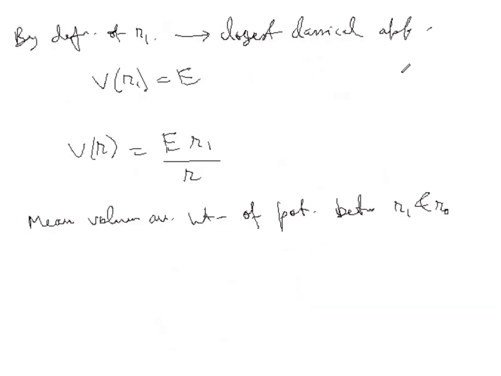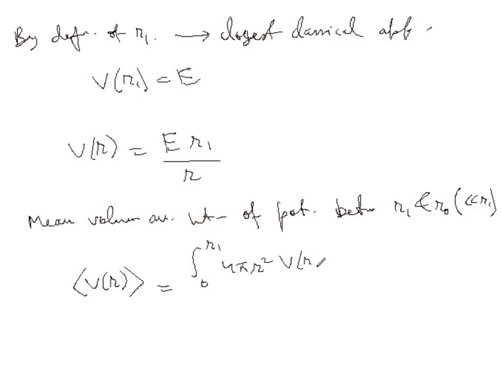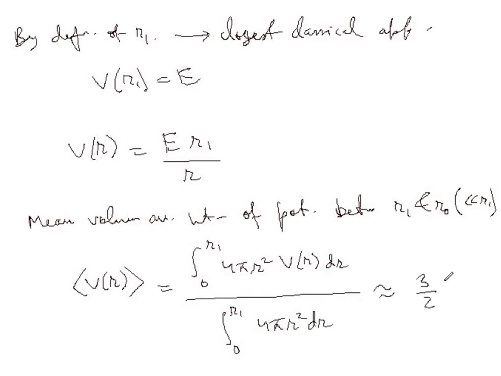So the value of R0 is much lower than R1. Let us do this: integration 0 to R1 of 4 pi r square V(r) dr, divided by the integration 0 to R1 of 4 pi r square dr, and if you do this integration, you will see that it comes out to be this value, 3 by 2 E.